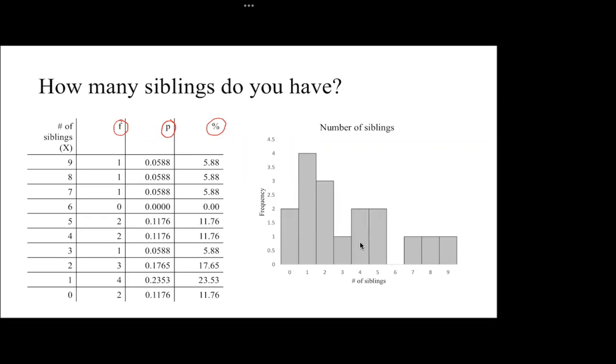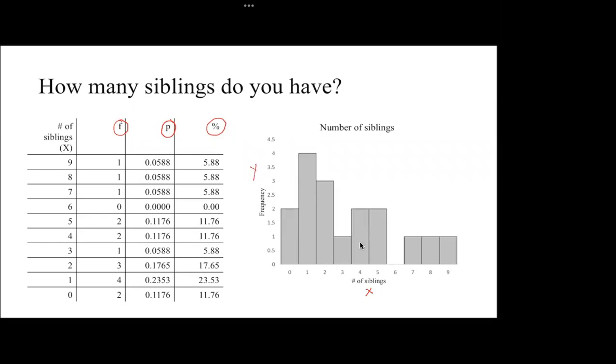So the height of each bar represents the frequency, or can represent the percentage, again, depending how things are being graphed and presented, for each of the categories being presented on the x-axis, right? So the y-axis is the frequency, and the x-axis are the categories themselves.